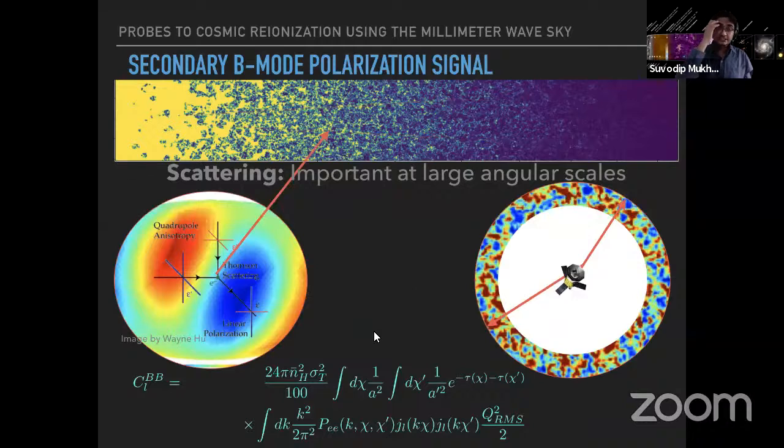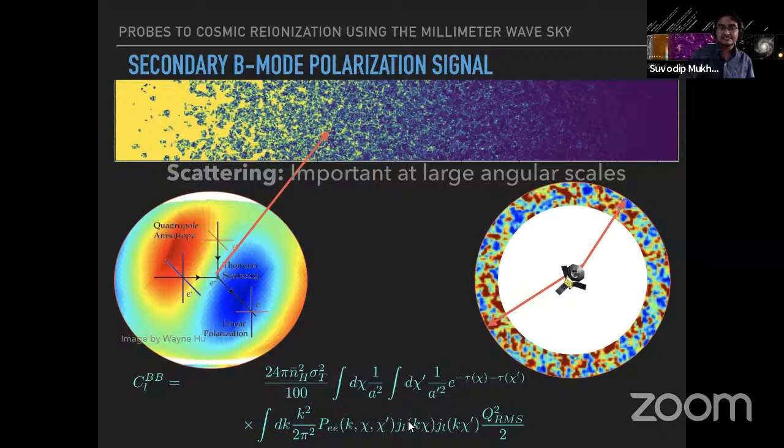Another signature, which is interesting, is again a secondary anisotropy which gets induced in the B mode polarization, due to the scattering effect. The electrons see a local quadrupole. And if there is a fluctuation in the electron density, then there is a net conversion to E mode and B mode polarization, depending upon how much fluctuation there is in the electron density. So you can convert from temperature to polarization depending upon how much fluctuation there is in the electron density.